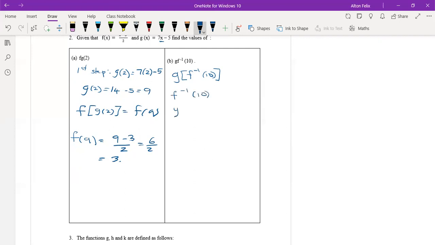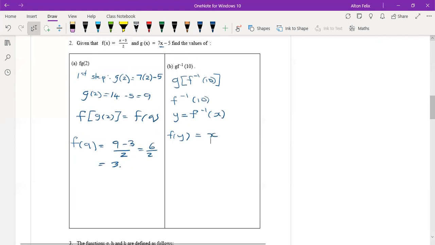So remember, we said let y equals f inverse x. So f of y will be x. Let's go back up to the f of x function. The f of y function now becomes y minus 3 over 2 is equal to x.